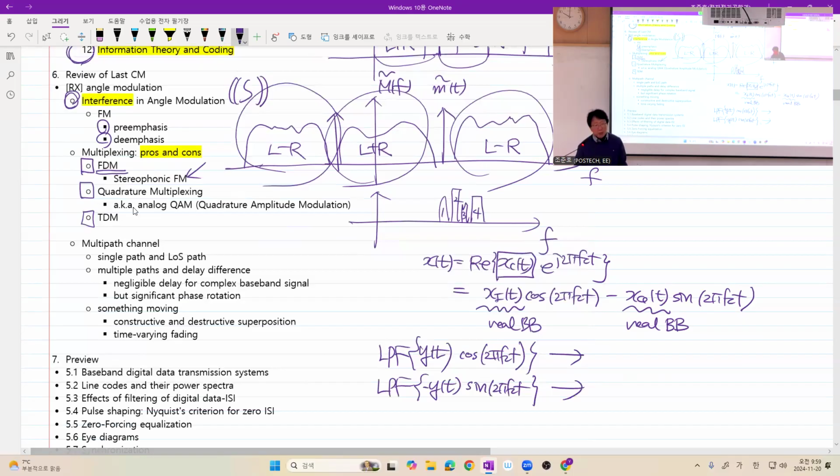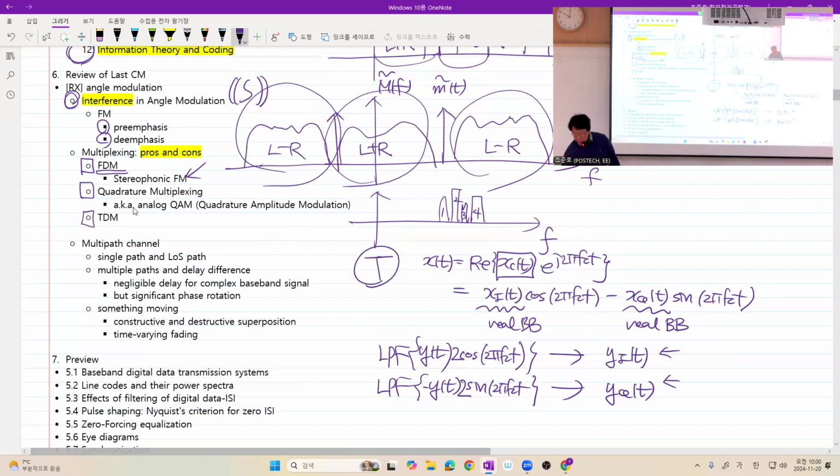This gives us the received complex envelope, real part and imaginary part. So if the phase offsets are perfectly aligned at the output of the channel, we may recover these two signals. And this is in the time domain.